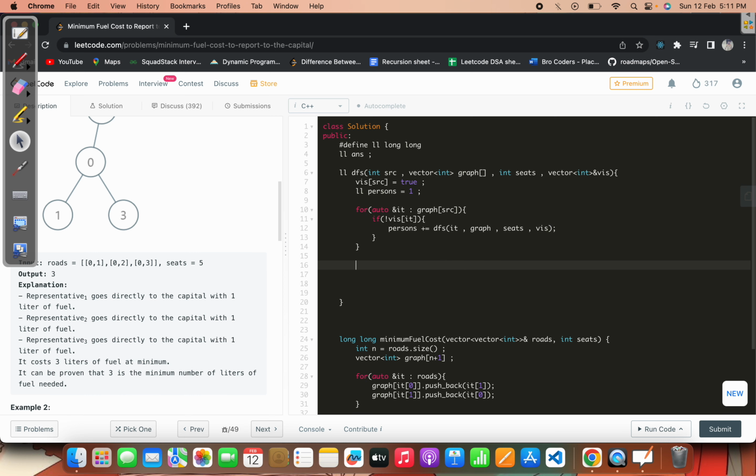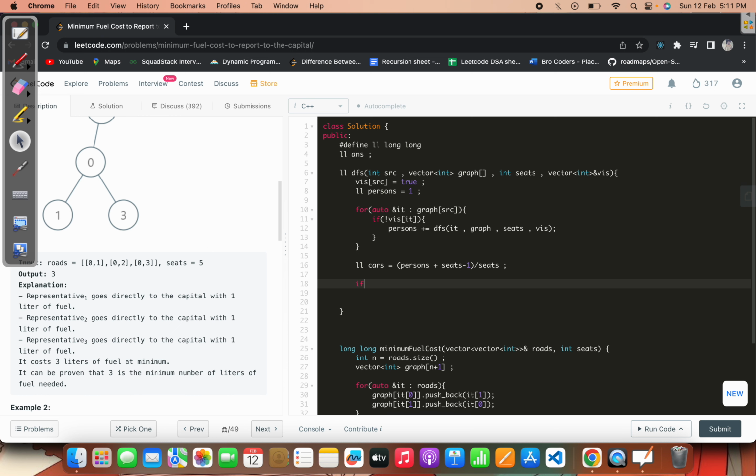Okay, and how will we calculate the number of cars up to this point? Number of cars will be the persons plus seat minus 1 divided by seats, and if it's not the source node, which means that we have to calculate the cost for the transition.